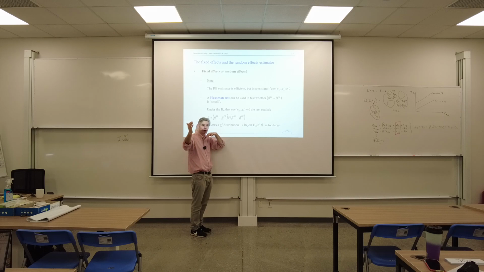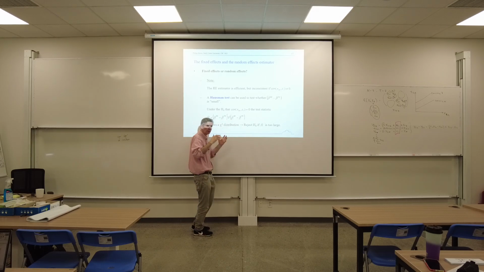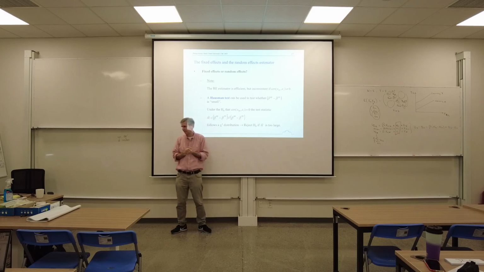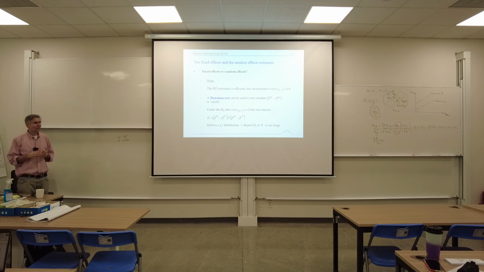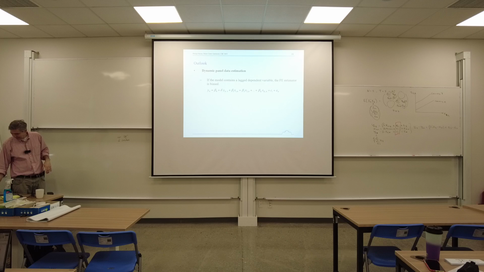If it gives you a very high number, that indicates that this quadratic form is very far out, and then you have to reject the random effects assumption. That's what I wanted to tell you about panel data econometrics, right? And there's something about dynamic panel data estimation which I will not cover, and that's some literature.